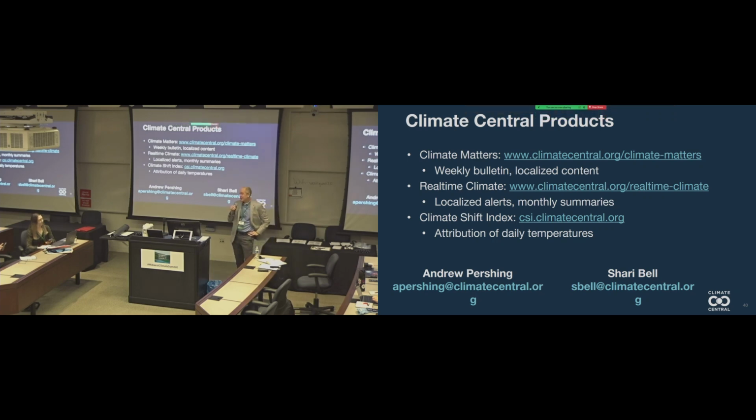So I can take a quick stab at that. We're not in the prediction model space, but the Climate Matters that came out today was based on our Weather Power tool, which does take forecasted data and then tries to translate that into wind and solar production.